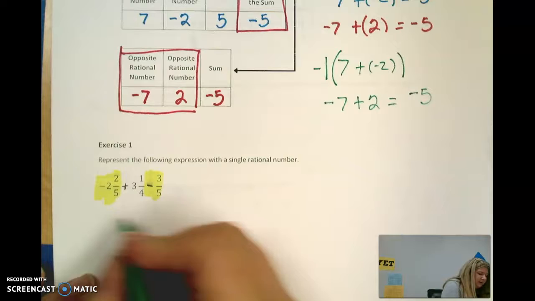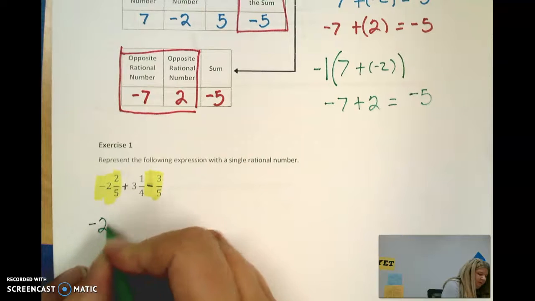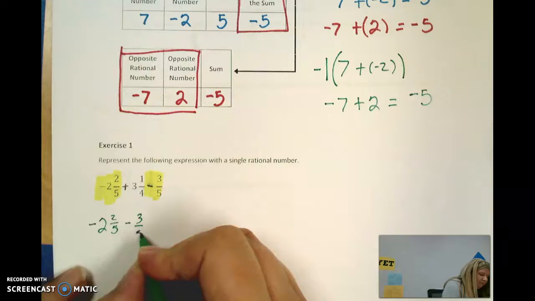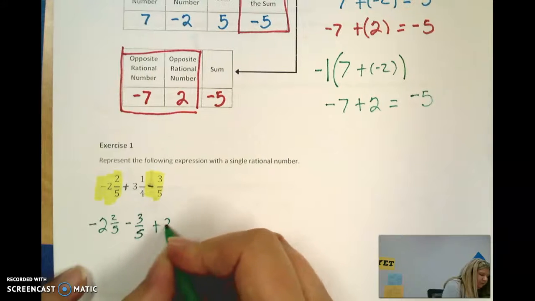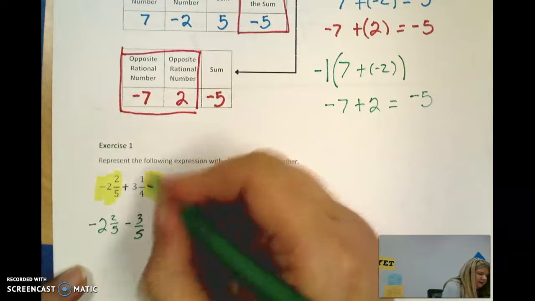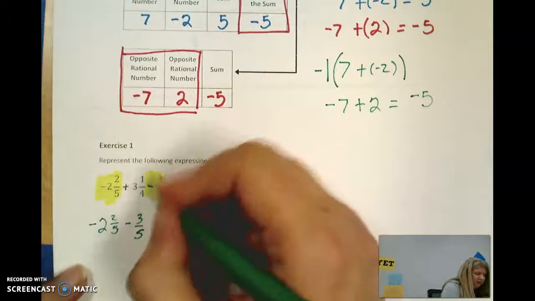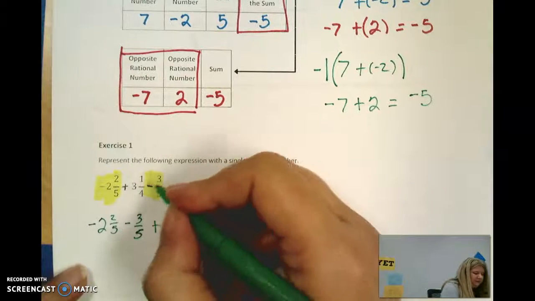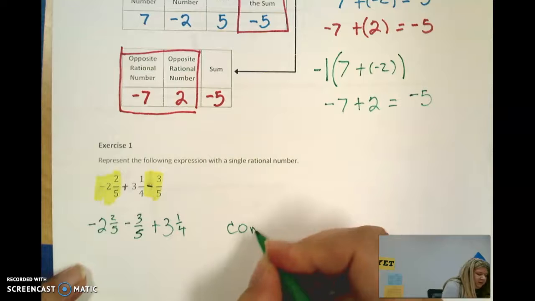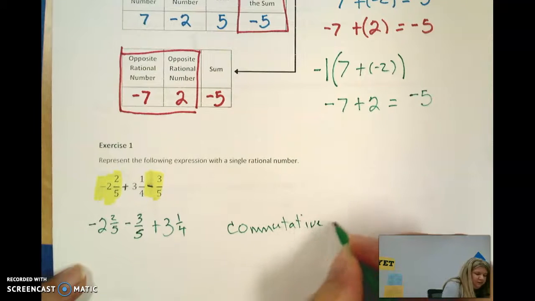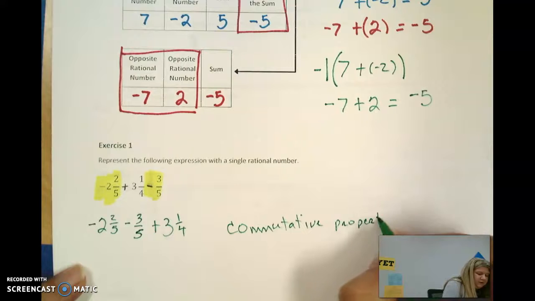So what I'm using here is the commutative property, which allows me to change the order. Notice I keep the sign, this minus, with the term behind it. Sign stays with the term behind it. So I use, I always forget how to spell this one, commutative property, to switch the order.